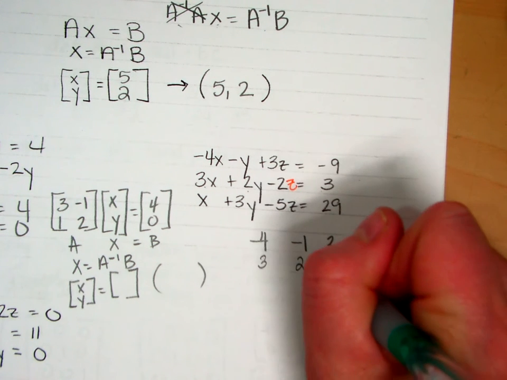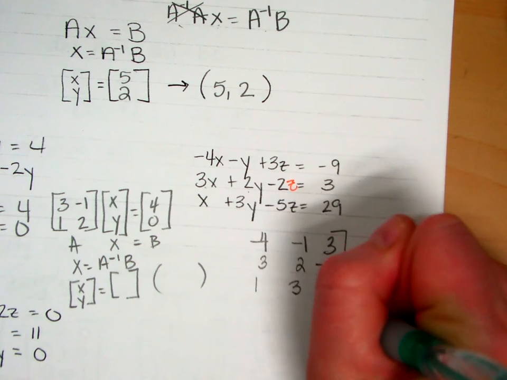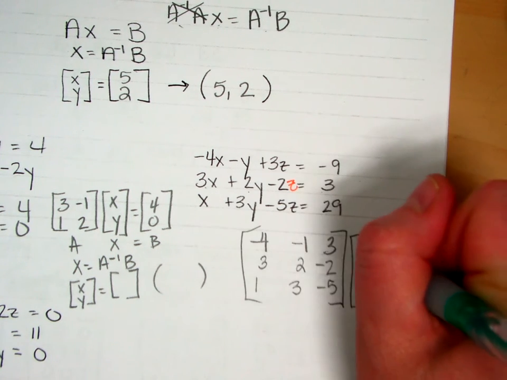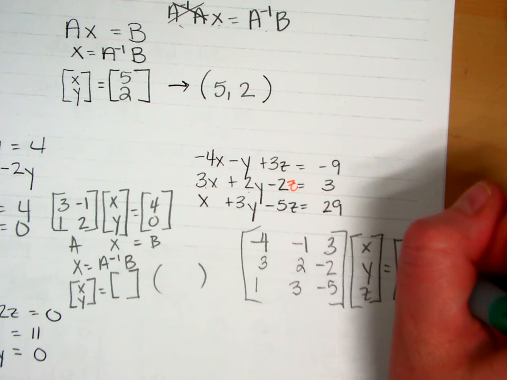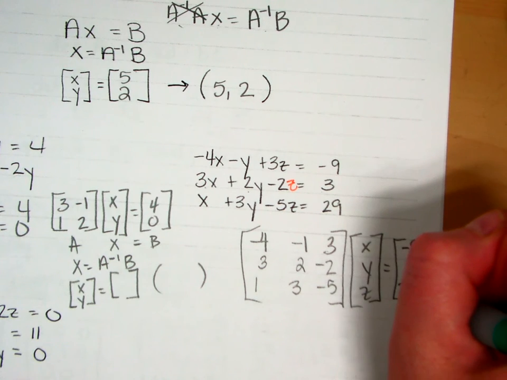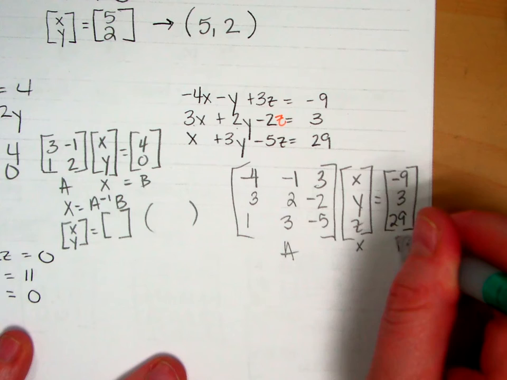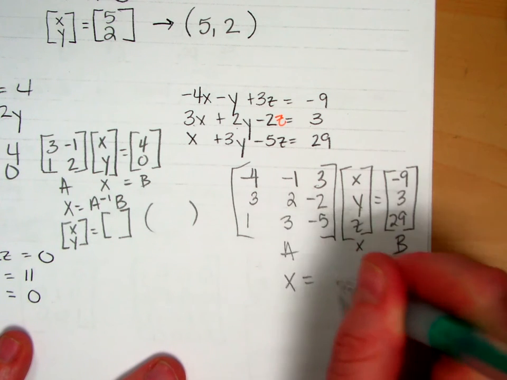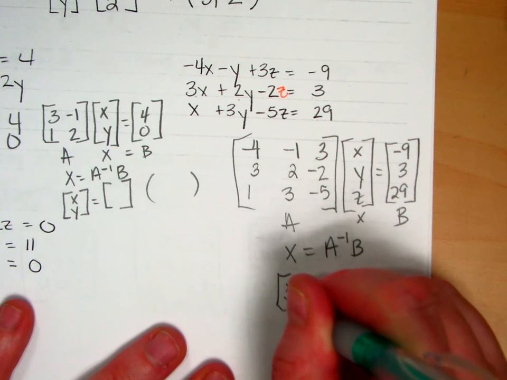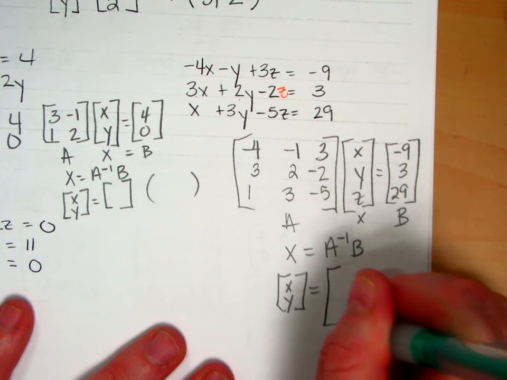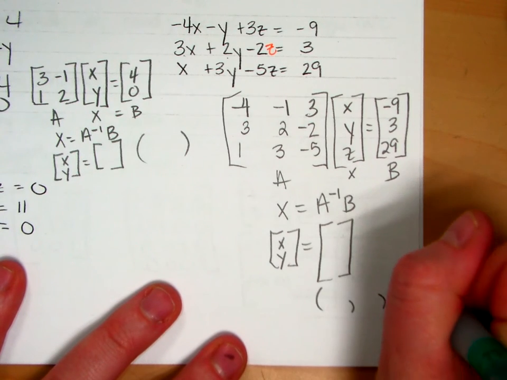So let's go 3, 2, minus 2, 1, 3, negative 5. So that's 3 variables. So now that we have 3 variables, we got x, y, and z equals negative 9, 3, 29. Okay, this is A X equals B. X equals A inverse B. xyz equals an answer, and then that would be written as a point with 3 parts.